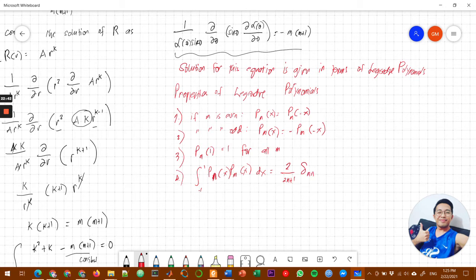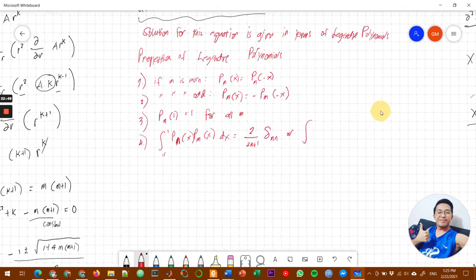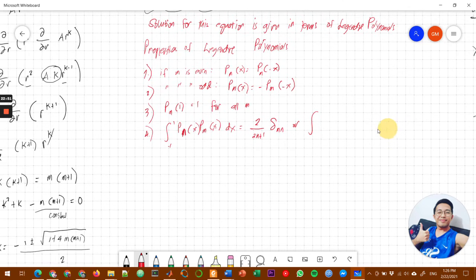So m should be equal to n. Or we have negative 1 to 1 in terms of cosine theta. Okay.